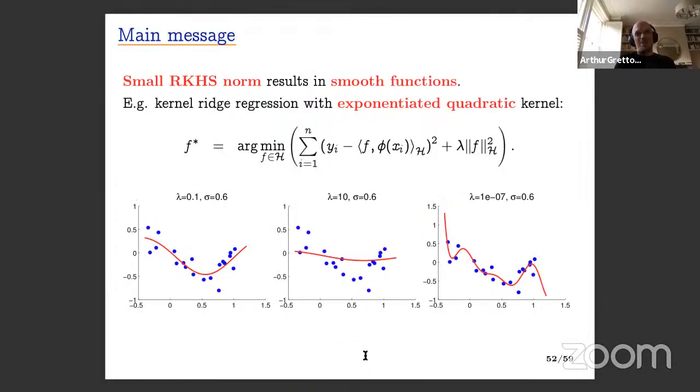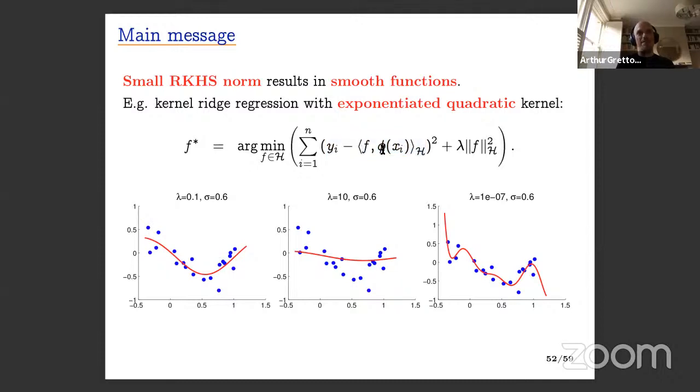All right, so I've said that the RKHS norm is a roughness penalty, and I'm now going to illustrate this with a particular example. This is your machine learning 101 example, which is ridge regression. But now that we've understood a little bit more about RKHS norms, we can understand exactly what ridge regression is doing. Okay, so here is kernel ridge regression. I'm looking for a function in an RKHS which minimizes the squared error between my function and y.